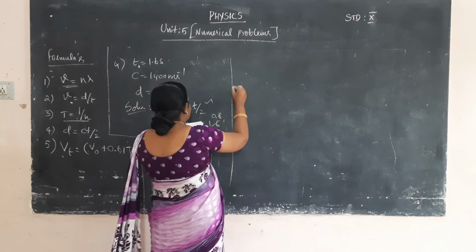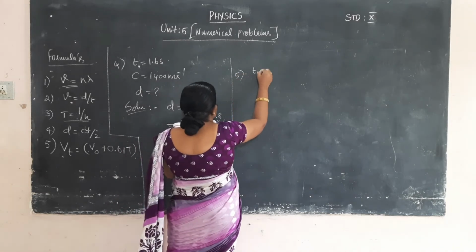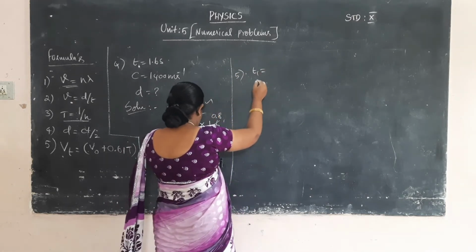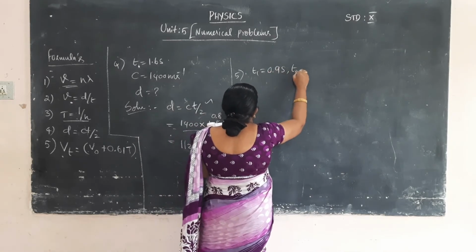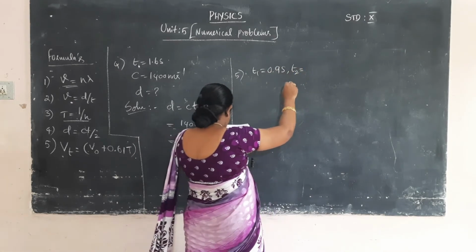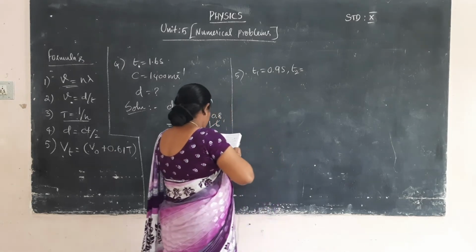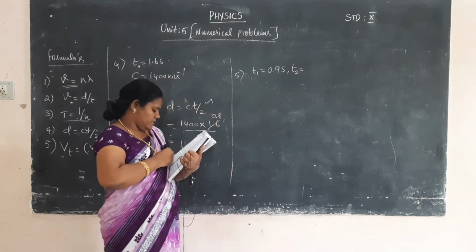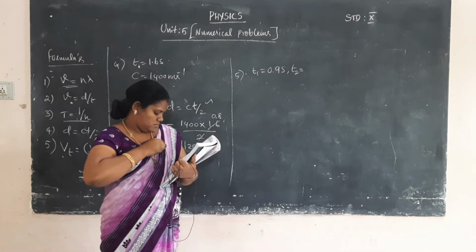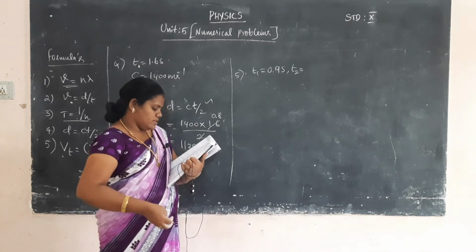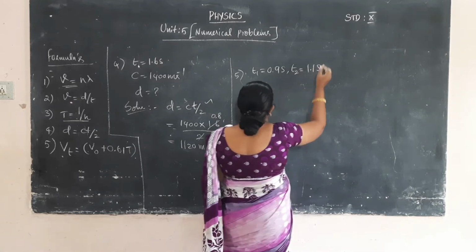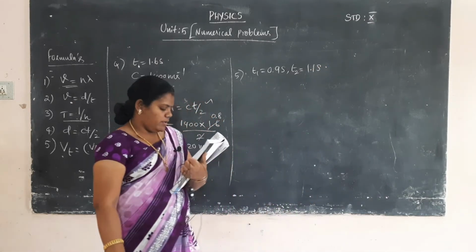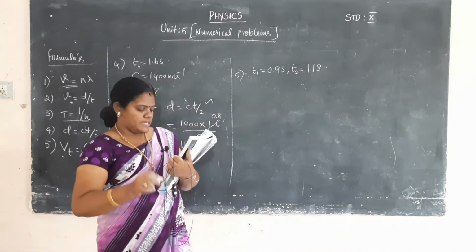5th problem. So first time T1 is equal to 0.9 second. T2 is equal to 1.1 second. Then we want to calculate the common T value, time interval T value.